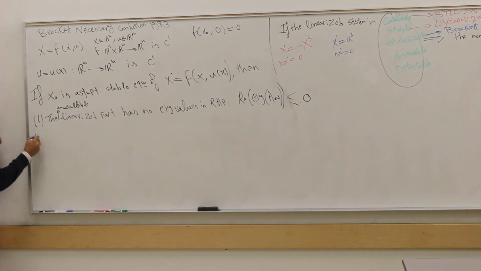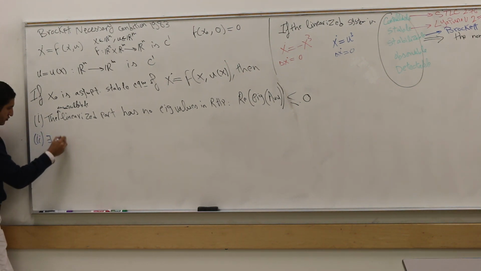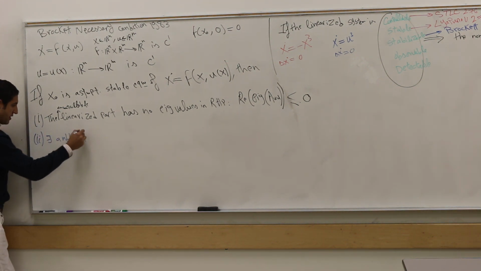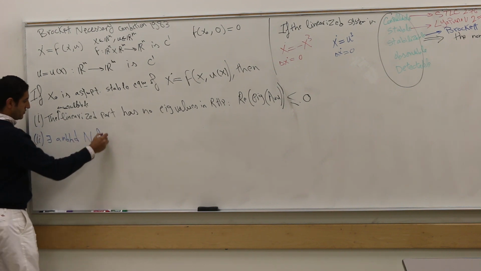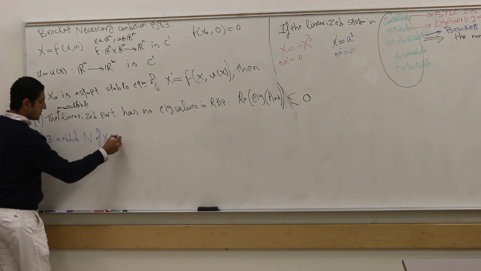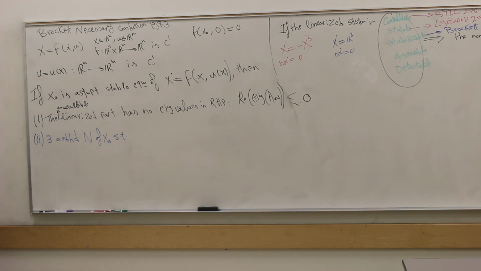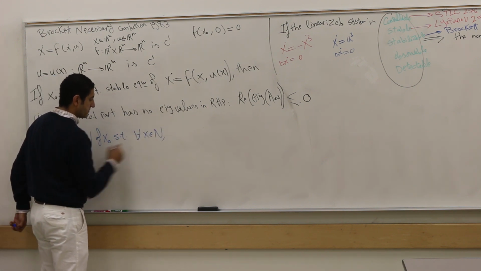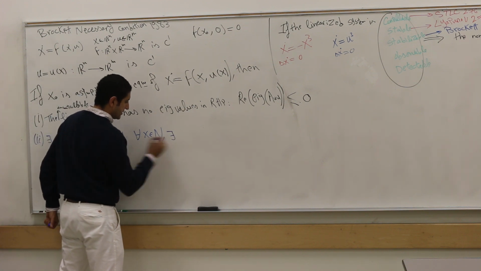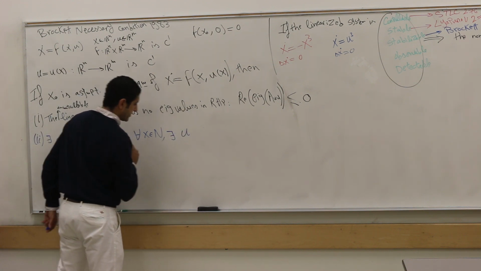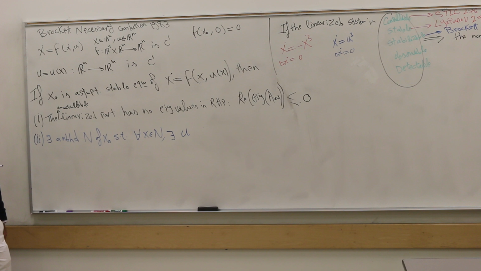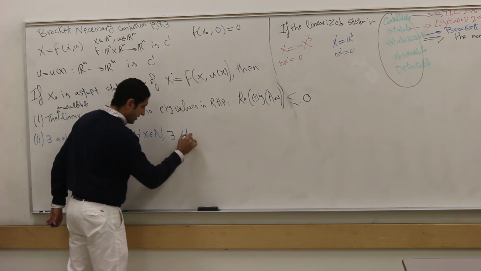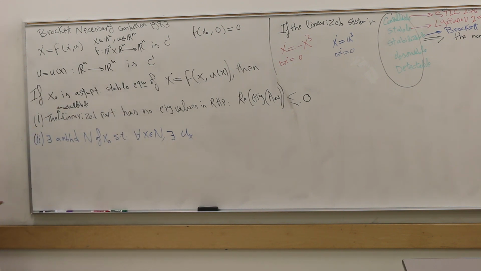Then the second part, please pay attention here. There exists a neighborhood N of x naught such that for all x in the neighborhood, there exists a control input history. So u is a function of time, and I will parameterize this by x.